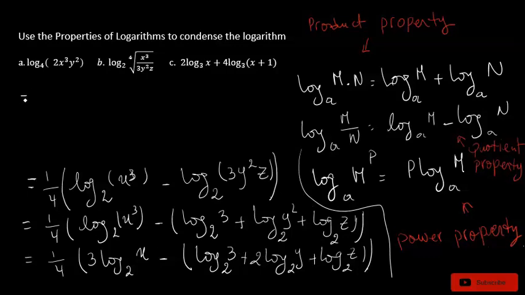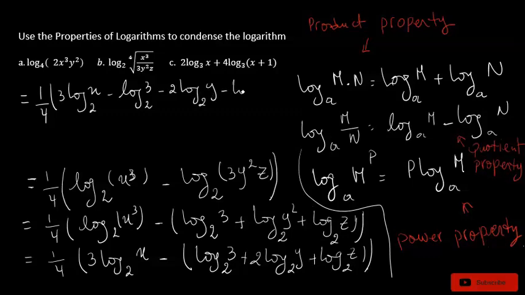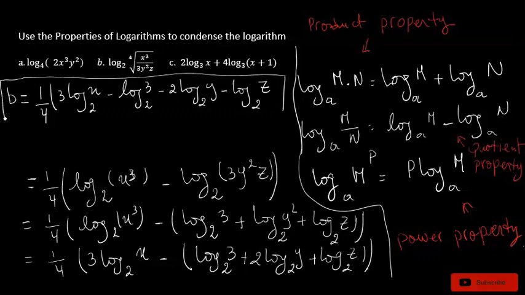It's going to be equal to 1 over 4 times 3 log base 2 of x minus, I'm going to get rid of the inside parentheses, log base 2 of 3 minus 2 log base 2 of y minus log base 2 of z. This is my final result for example B. I'm just going to write B here.